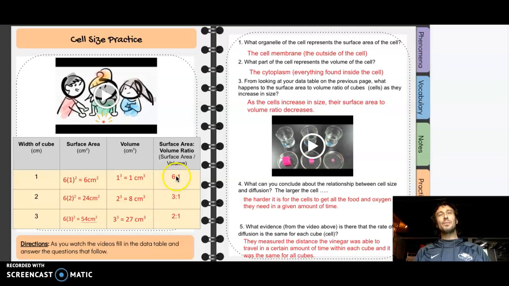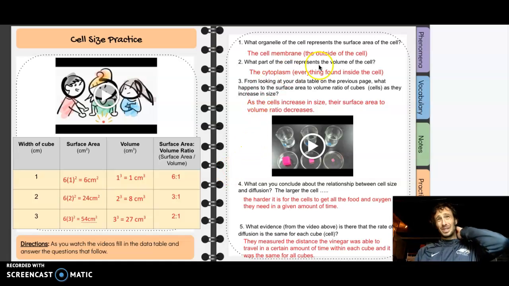And so I hope it makes sense that the more surface area you have serving every one part of volume is better for getting things in and out of a cell. So one of the reasons cells are small is because of that efficiency.